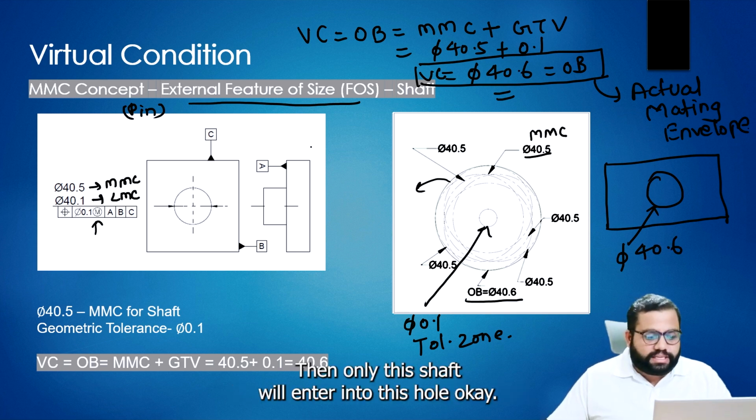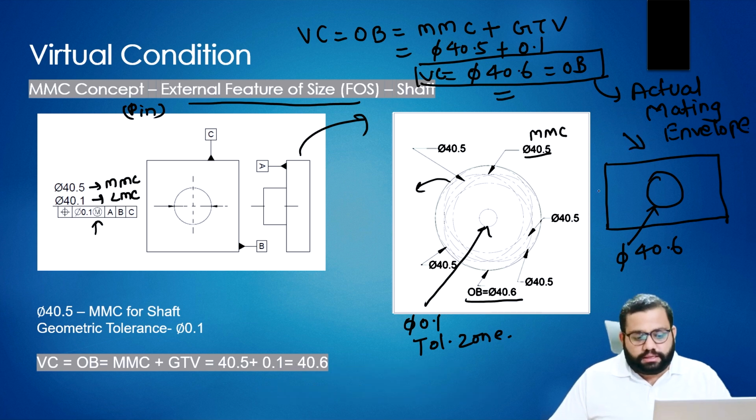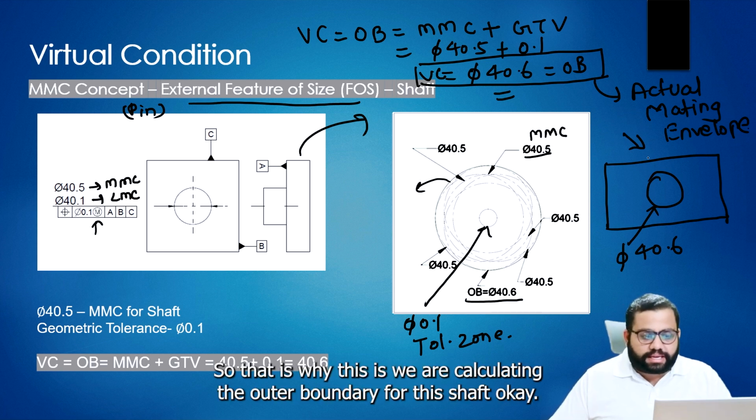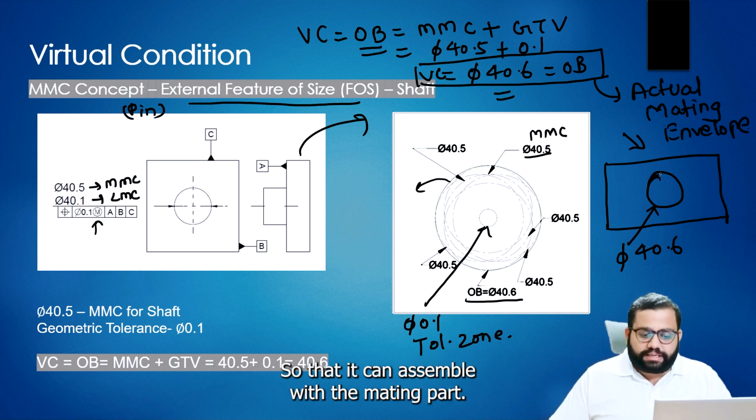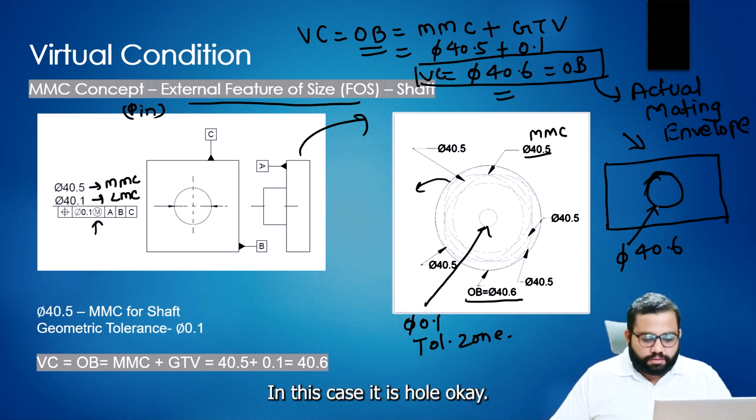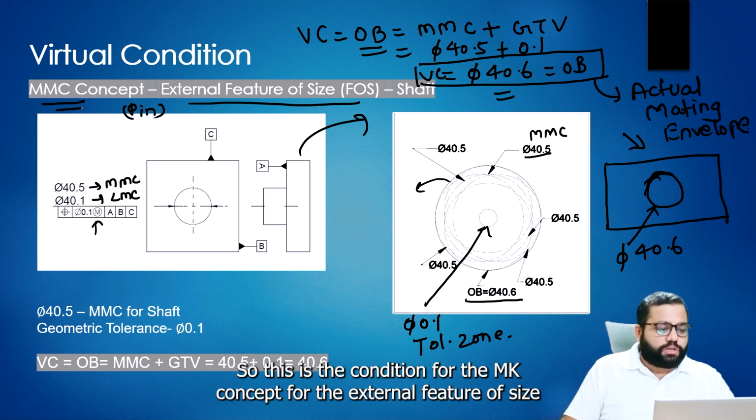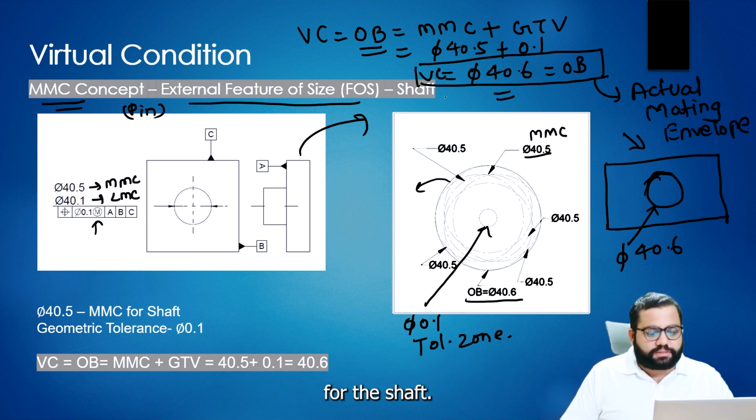Then only will this shaft enter into this hole. That's why we are calculating the outer boundary for this shaft, so that it can assemble with the mating part, in this case the hole. This is the condition for the MMC concept for the external feature of size, for the shaft.